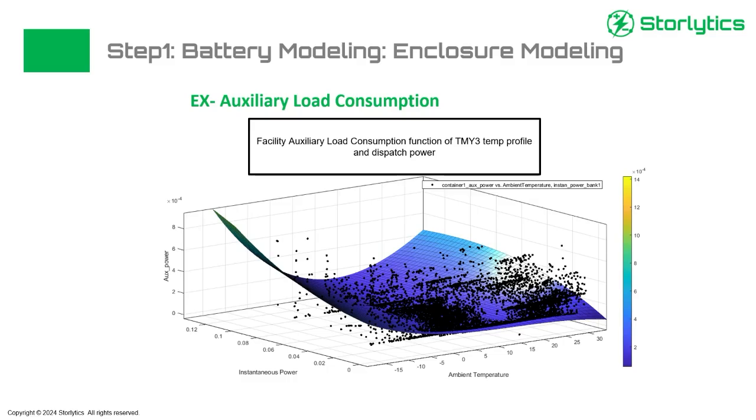In other words, the amount of energy lost over the life of the project. Also depends on the instantaneous C rate that you're running at. So the higher the C rate you're running at, the more heat gets dissipated from the cells, the more cooling that requires, the more you're spending on energy, right?